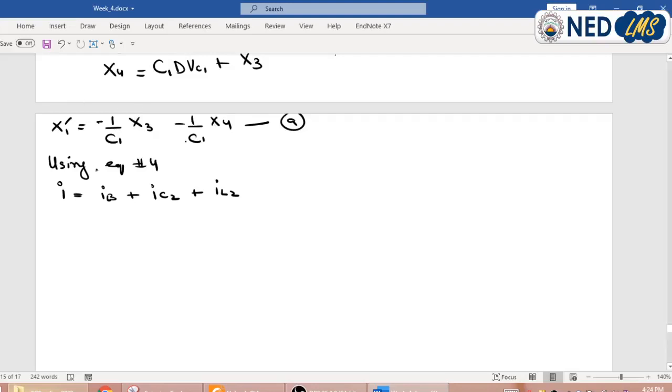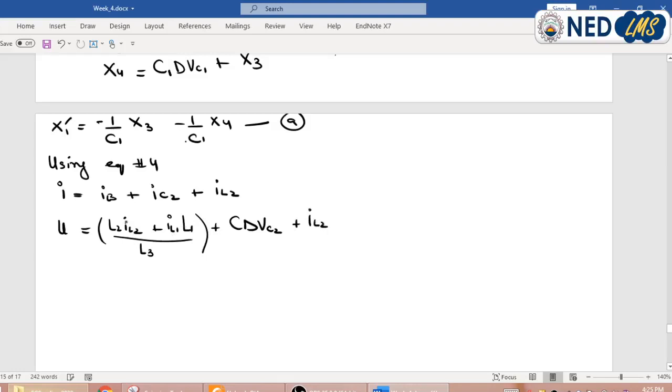I will replace this input as U. This IL3 will be written in terms of L2 and L1. IC2 is equal to C dVC2, plus IL2 is here.